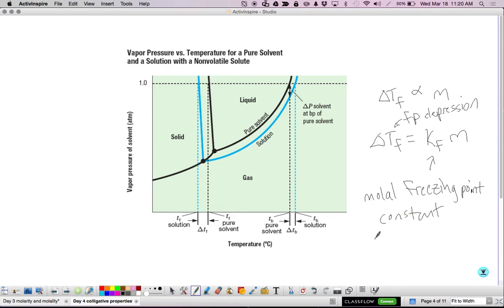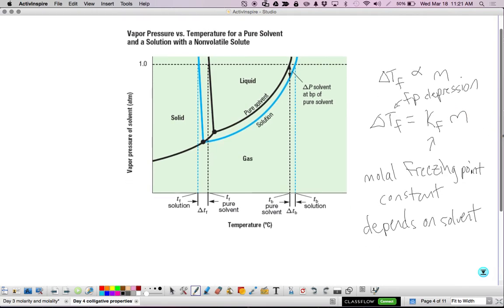And importantly, this depends on the solvent, because this is really describing the change in temperature of the solvent due to the fact that you've added a solute. Okay?